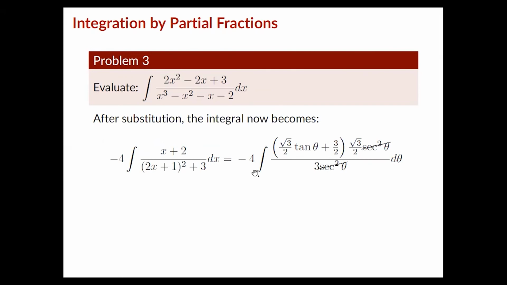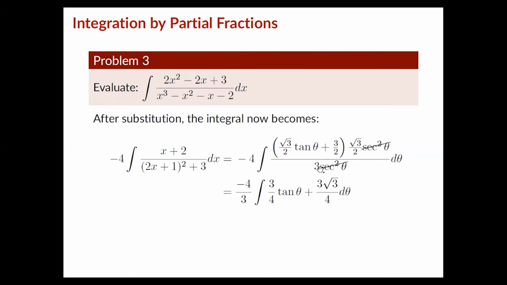We have negative 4 times the integral of square root of 3 over 2 tangent theta plus 3 halves times square root of 3 over 2 secant squared theta over 3 secant squared theta d theta. Canceling out secant squared thetas and distributing the constants, we have now this integral of negative 4 thirds integral of 3 fourths tangent theta plus 3 square root of 3 over 4 d theta.